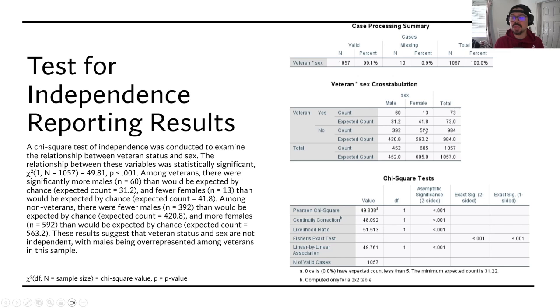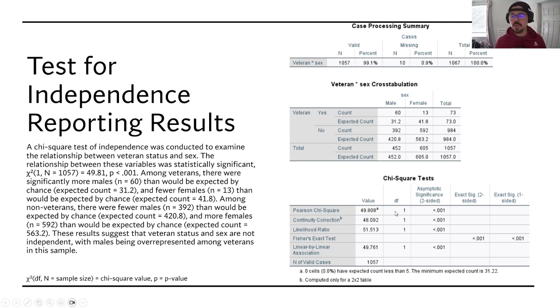And similarly, we observed 592 females who were not veterans. However, we expected to see 563, so we had more females who were not veterans than expected. So this is indicating all of the observed and expected frequencies for your test.